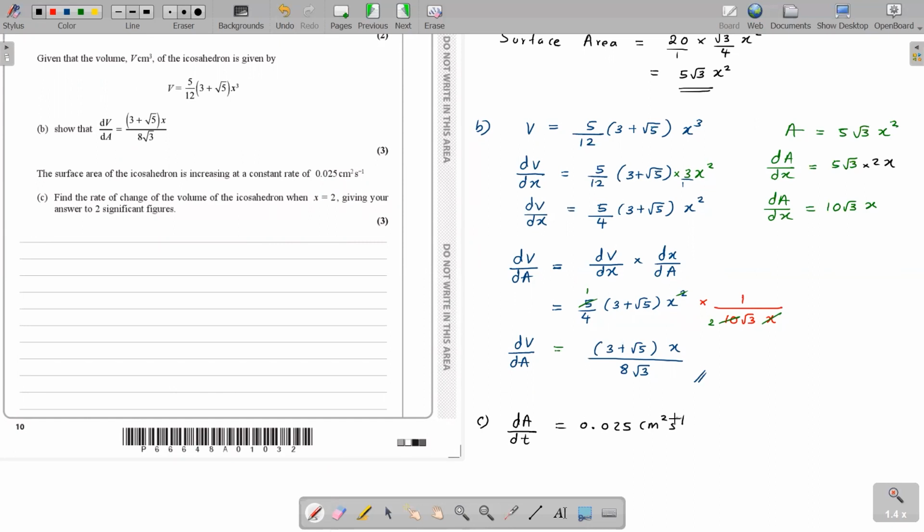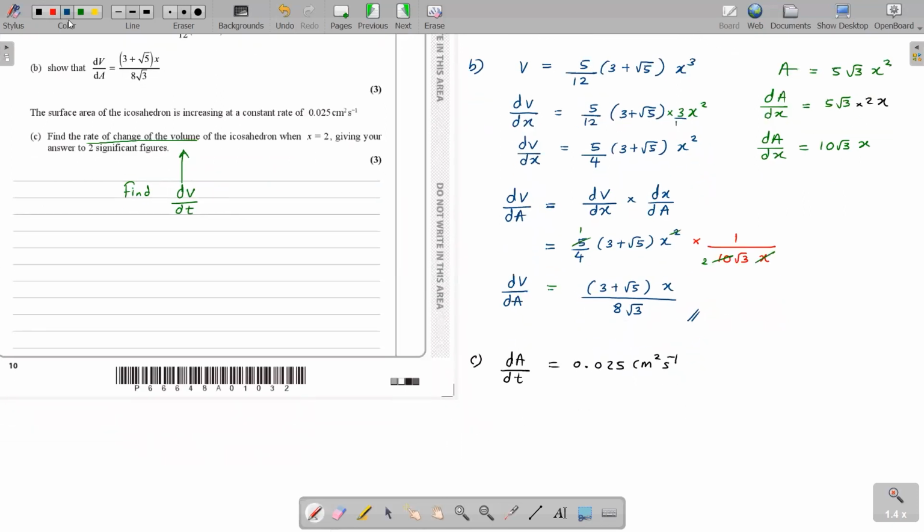Find the rate of change of the volume of the icosahedron when x equals 2, giving your answer to 2SF. Rate of change of volume means we need to find dV over dt. So how do we find dV over dt? Again we need to break it up.